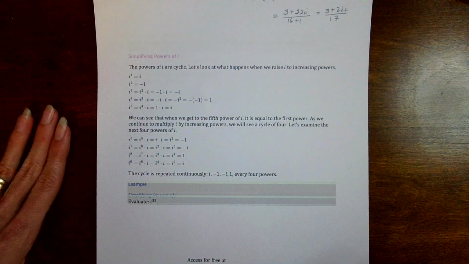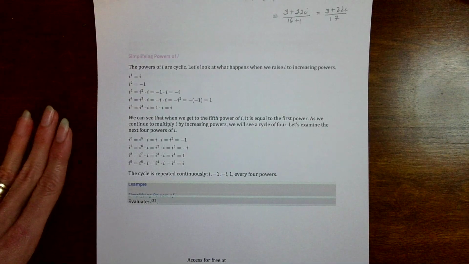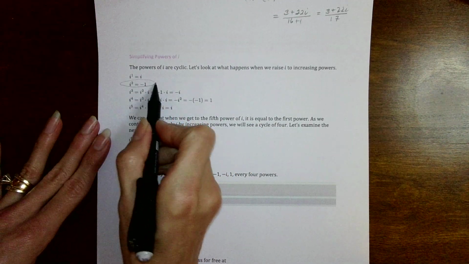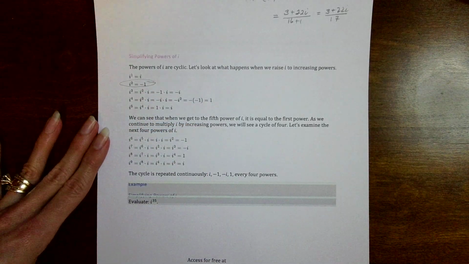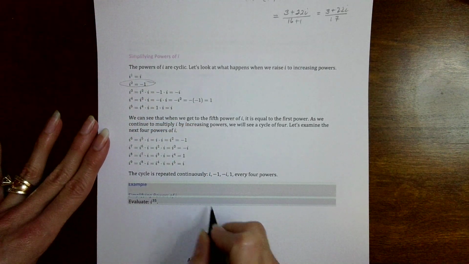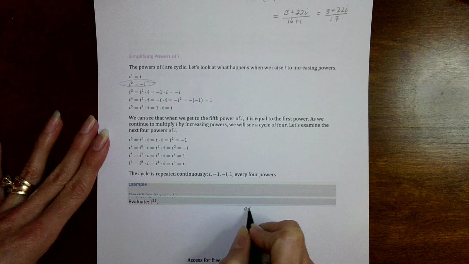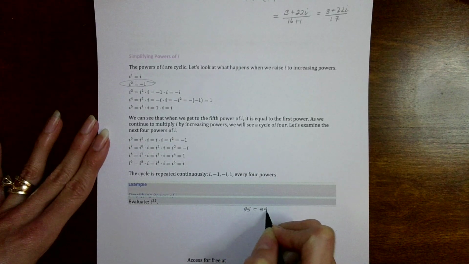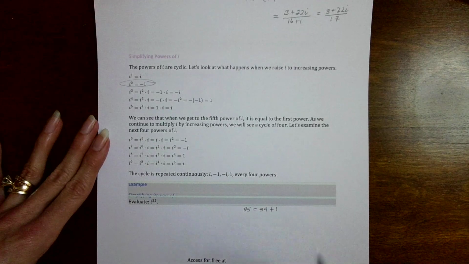Your book teaches us a slightly different way, but I prefer this way. I know that i squared equals -1, so I'm going to look at 35 and see how I can rewrite that. I can rewrite that as an even number plus 1.